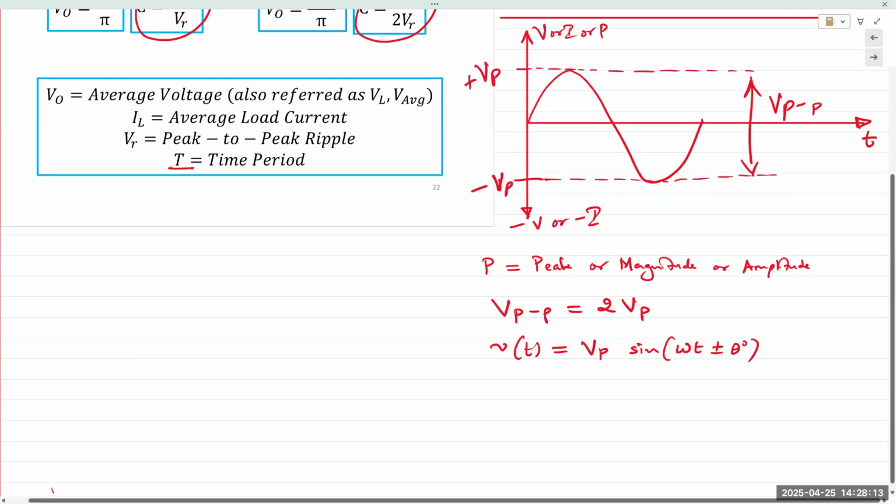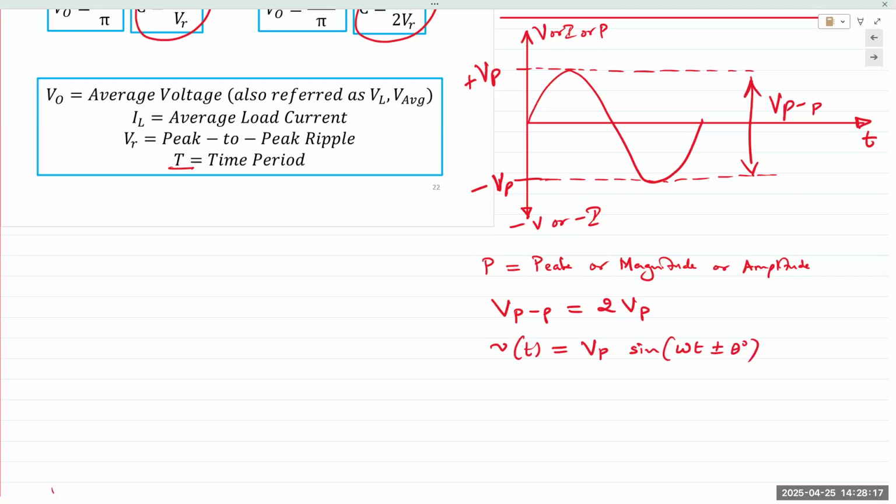Does it ring a bell? Hopefully. Omega is the angular velocity. Omega is also 2 pi f. F is in hertz. And f is also the inverse of the time period. And then theta is the phase shift. Again, we're not going to delve into that because that's already covered in 215 and 115.